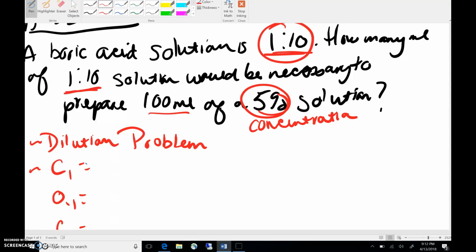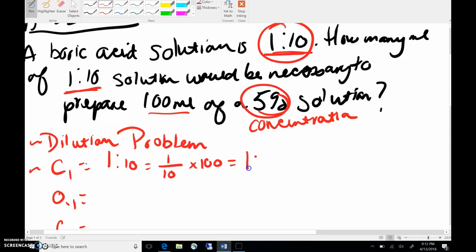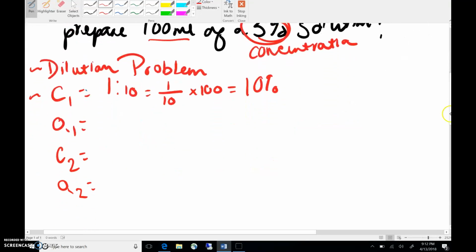You cannot multiply ratios to whole numbers. It's just not going to work. So if my C1 is this 1 to 10, I'm going to change it to a percent. You change this 1 to 10 to a fraction and multiply it by 100. That gives you 10%. This is your C1. You automatically know that your C2 is the 5% because it's the lowest concentration.